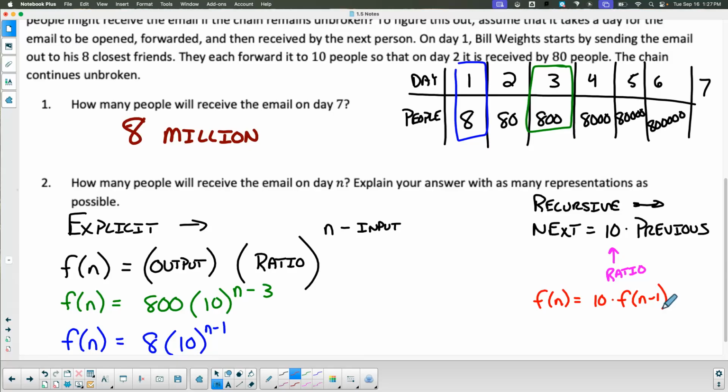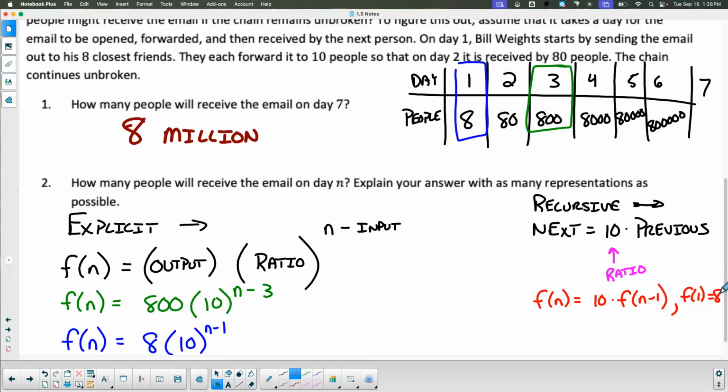But what I've been failing to tell you to do is we've got to set a starting point for it. So we either have to say f of 1 equals 8, or we have to say f of 2 equals 80, or f of 3 equals 800, or f of 4 equals 8,000.